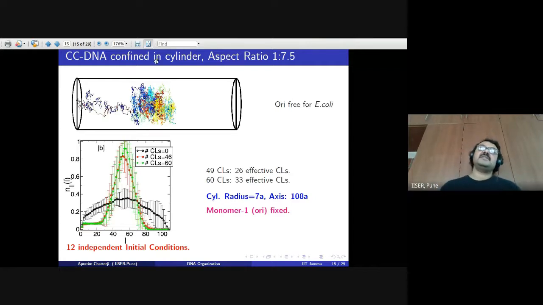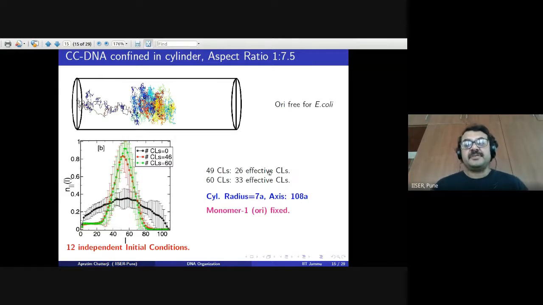We started with an aspect ratio of 1:1.75 for the cylinder. What we did is take a polymer without crosslinks and let it equilibrate within the entire big cylinder. And this is the distribution of monomers along the length. Monomers are distributed all over the cylinder, a much larger cylinder actually, with the aspect ratio of 1.75.